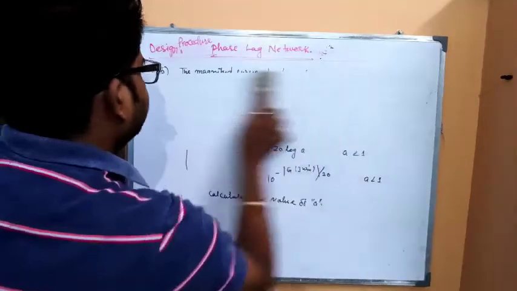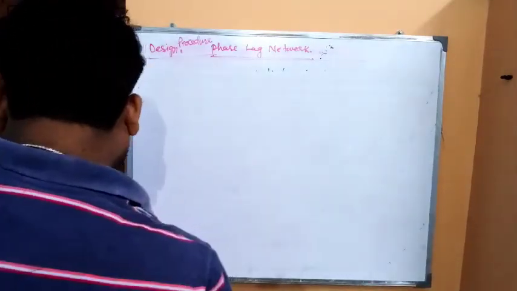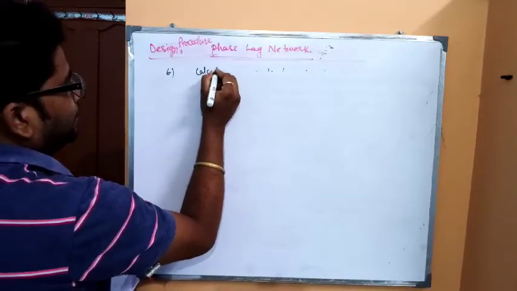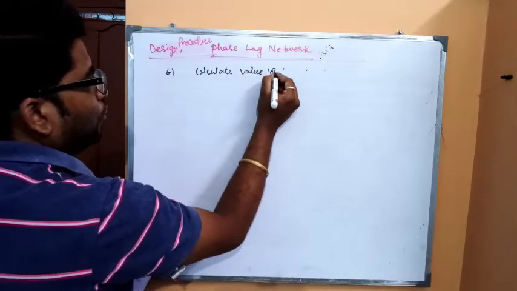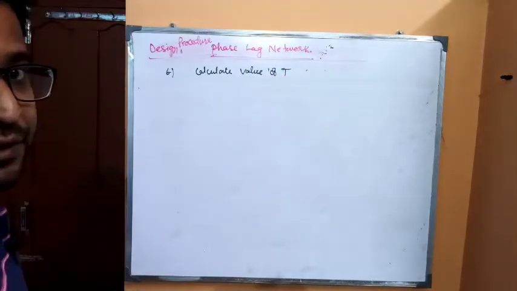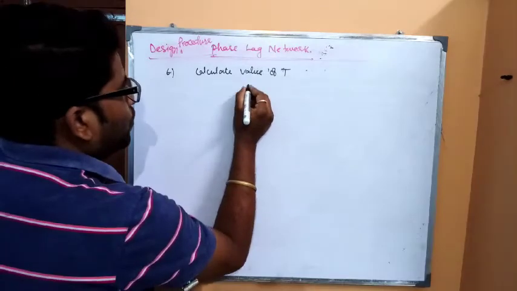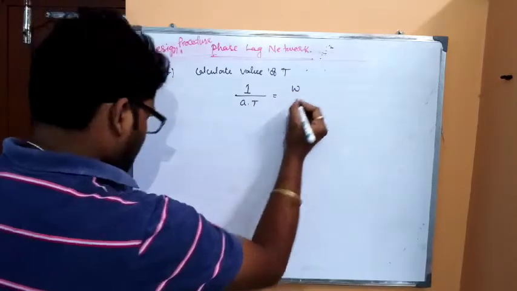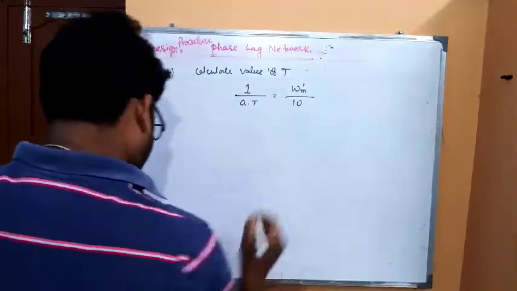Now, step 6, calculate the value of T from 1 by a into T, that is equal to omega m dash divided by 10.